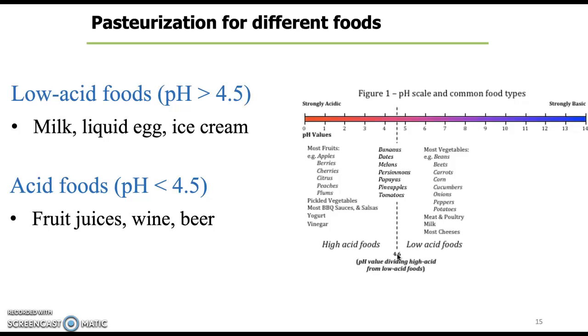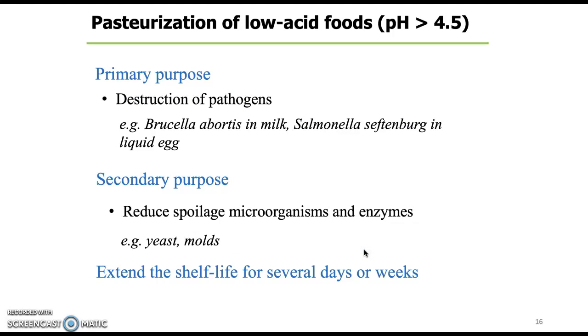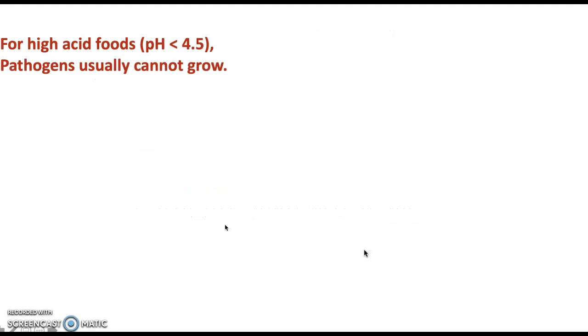So we know there are two types of foods: low acid foods, which is pH higher than 4.5, and acidic foods, which is pH lower than 4.5. For low acid foods, the purpose is to kill pathogens.